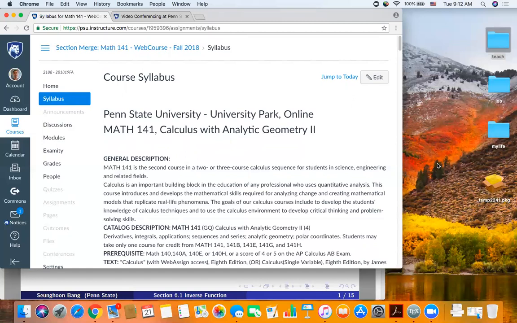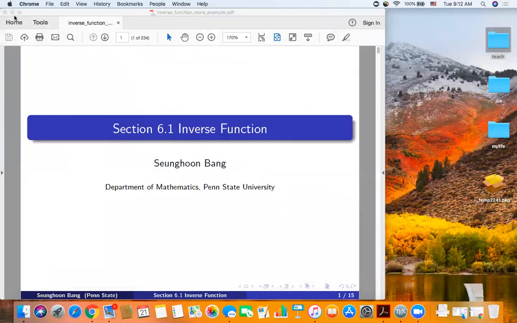So if you don't have any question, I will just go over section 6.1 today. Could you see my slide, section 6.1 inverse function?